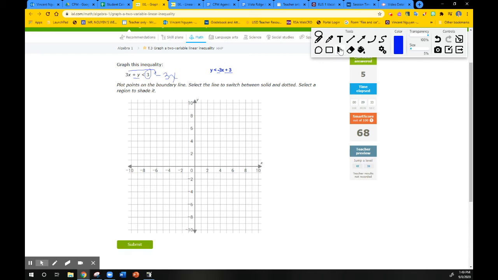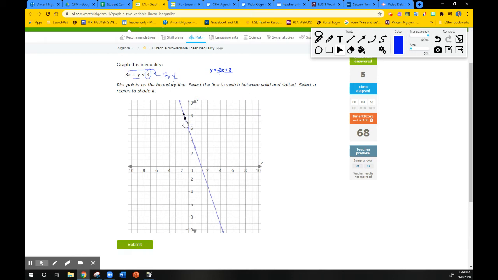So I'm going to start at 3. Now notice you always start on the y-axis, okay? Don't start at 3 over here. Start at 3 on the y-axis. And then the slope is -3, so I go down 3, 1, 2, 3, to the right 1. Or I can go up 3 to the left 1. As long as your slope is downward, okay?